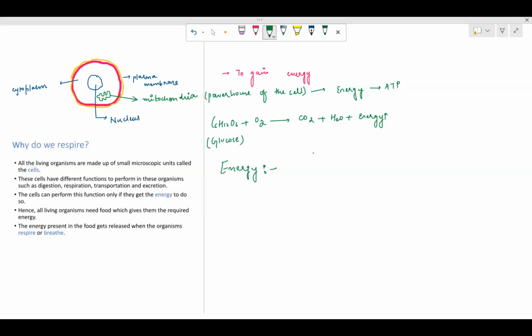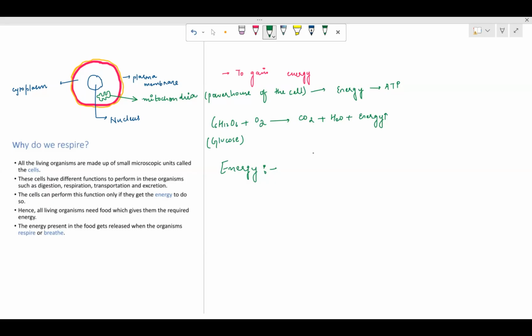Ma'am, the energy is used for the functioning of the body. Can you tell me the names of those functions?